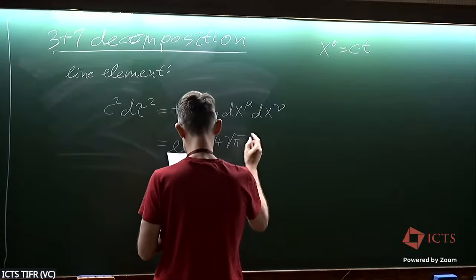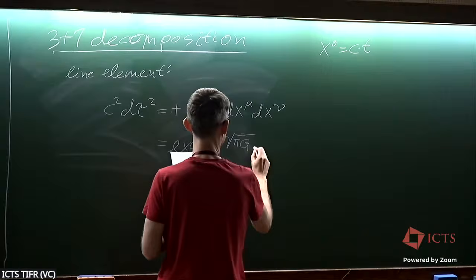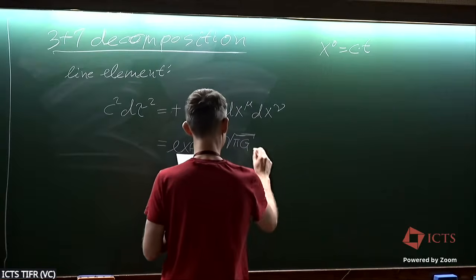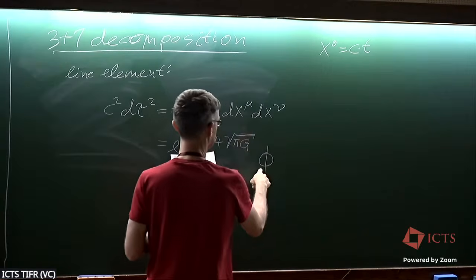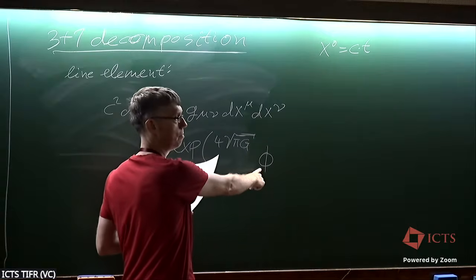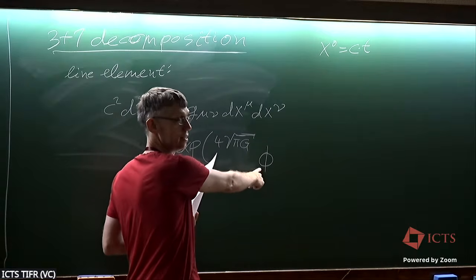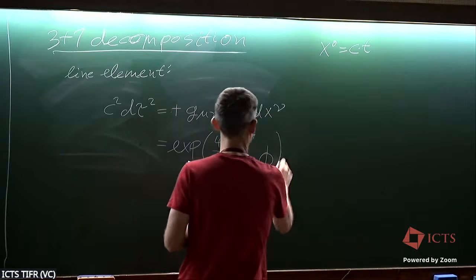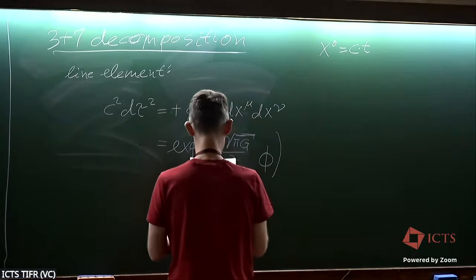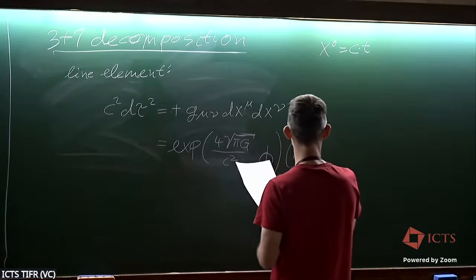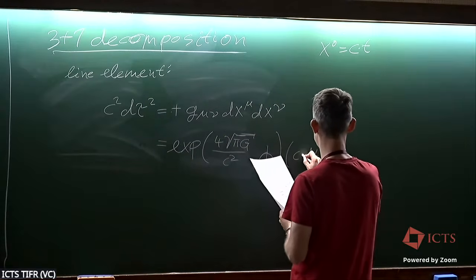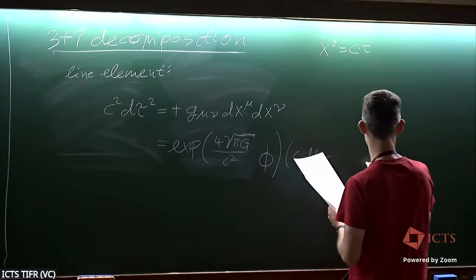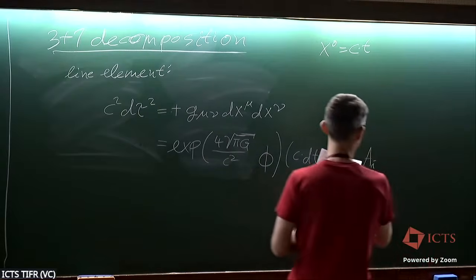So in the exponent, usually in the Kaluza-Klein decomposition, there's a dilaton field, but now here we put a phi, which is a Newtonian potential, like this. So this is in the dt square part of the metric. Then we have a vector potential.